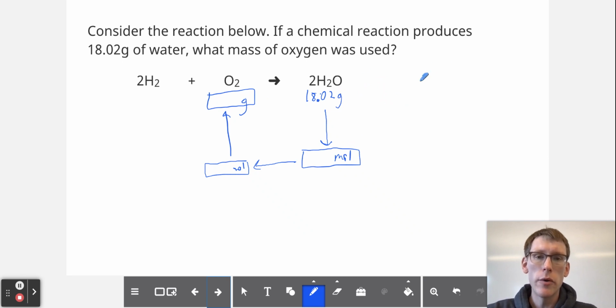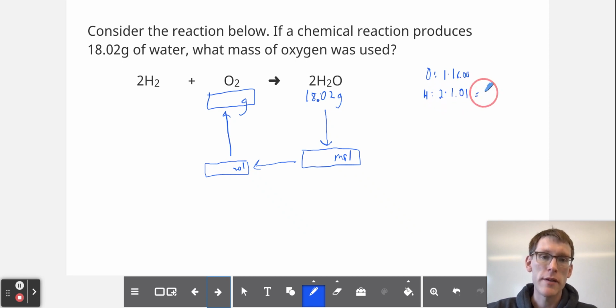Anytime you have grams and moles, you need molar mass, and I can do this over on the side. For oxygen, we have 1 times 16.00 grams per mole. For hydrogen, H2O has 2 of them, so we'll say that there's 2 times its molar mass of about 1.01 grams per mole. This gives us 2.02. This gives us still 16.00. And what we end up with is 18.02 grams of H2O per mole. Good.